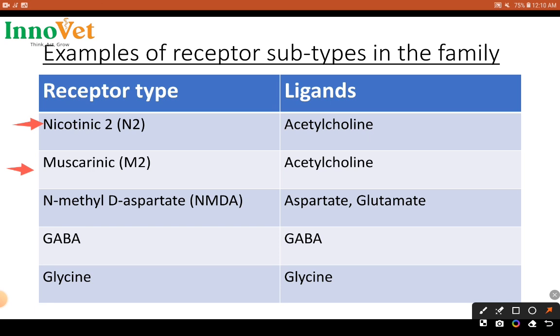Then we have the N-methyl D-aspartate receptor, where we have ligands such as aspartate and glutamate, which are amino acid ligands. Then we have the GABA receptor, where the GABA ligand binds. Glycine receptor in the spinal cord, where glycine binds.